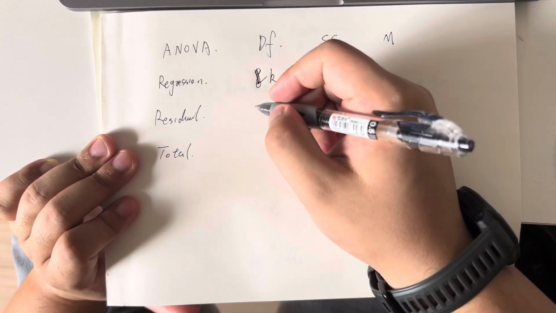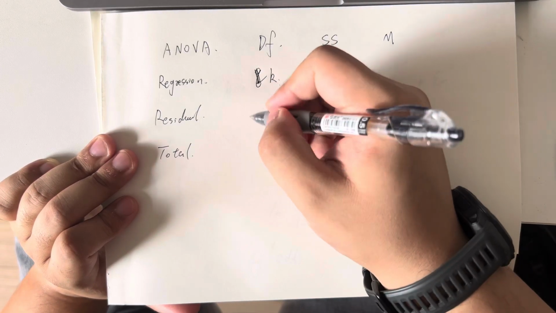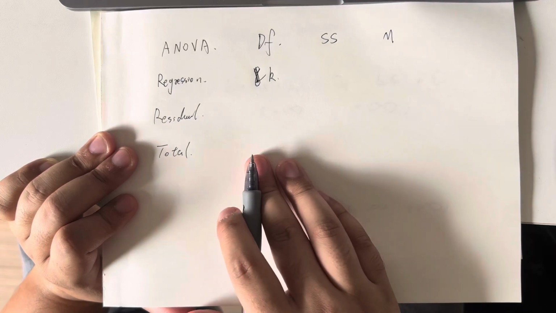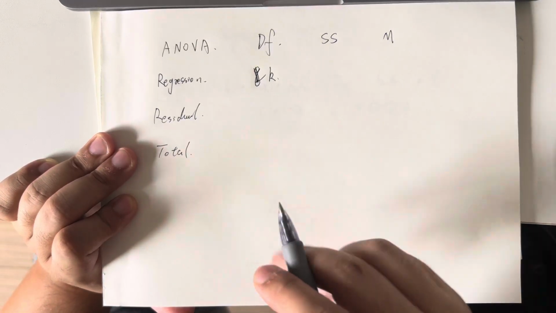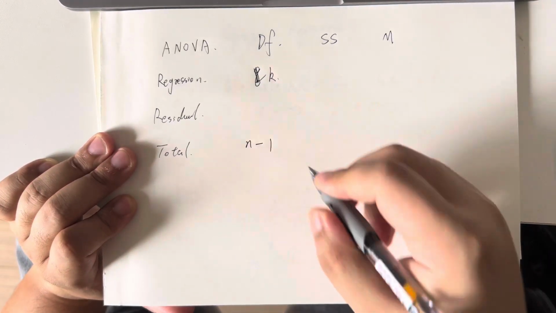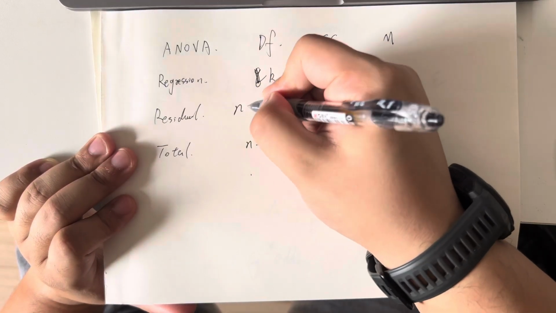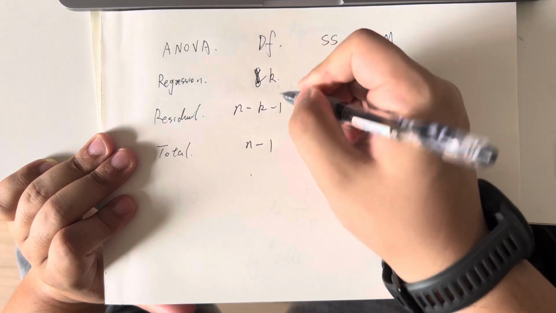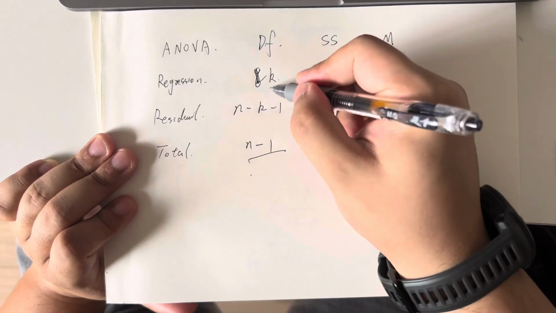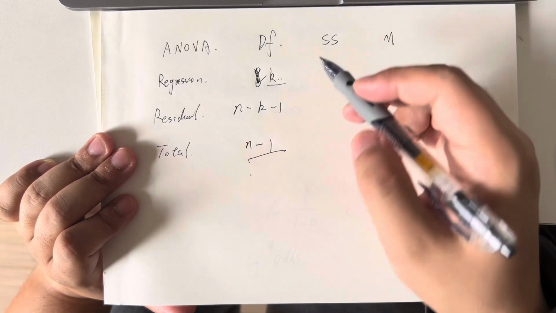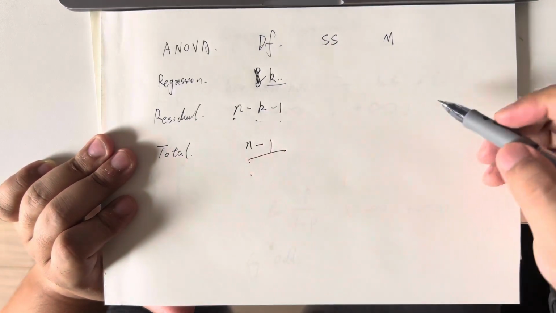We have the residual, and how many will the residual be? We need the total in order to get the residual. The total is n minus 1, not n. So that's the reason the residual equals n minus k minus 1: you use the total and get rid of the k regression degrees of freedom.